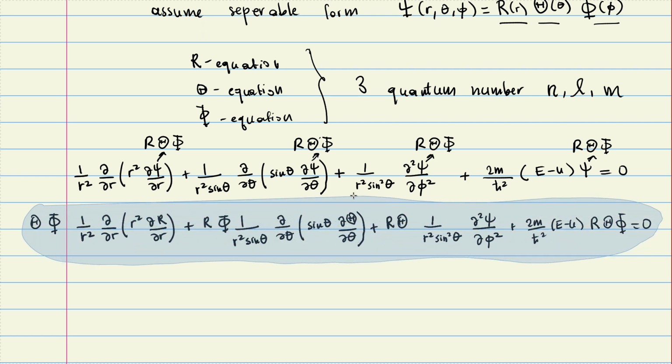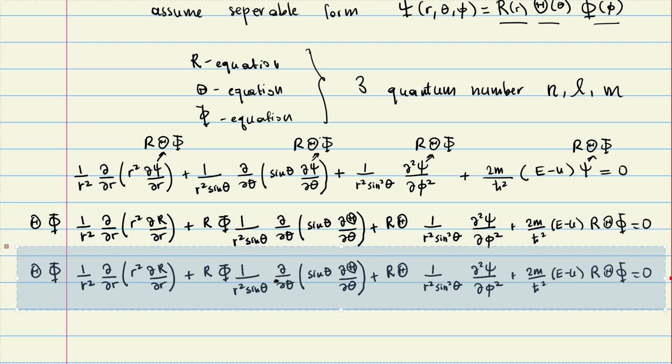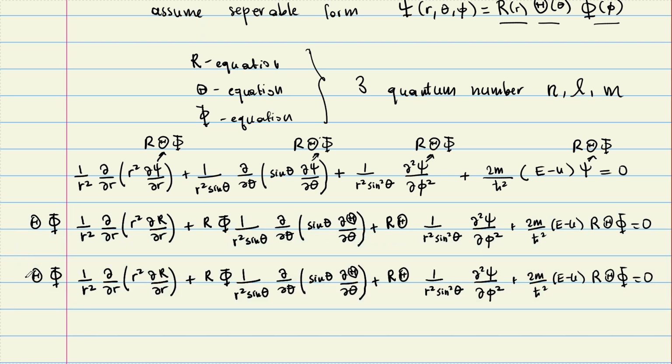So let me copy that. If I divide it by R, theta, and phi, there will only be 1 over R here, 1 over theta here, 1 over phi here, and this one is going to be 1.